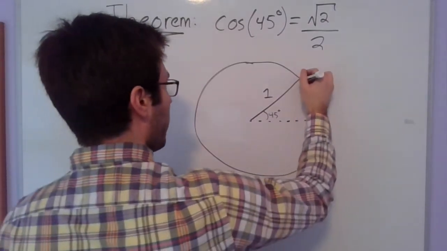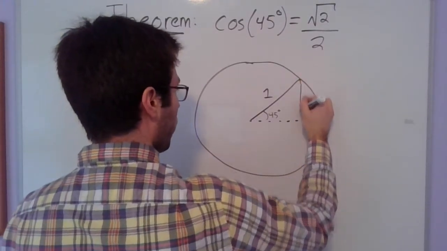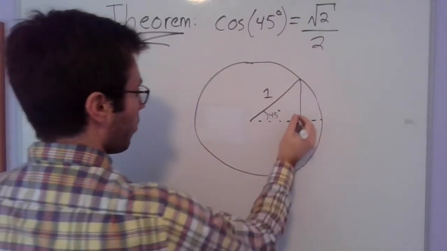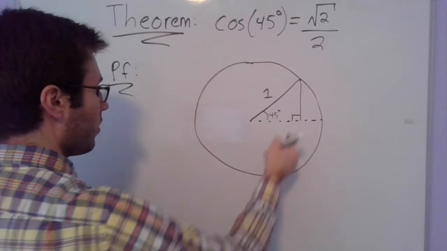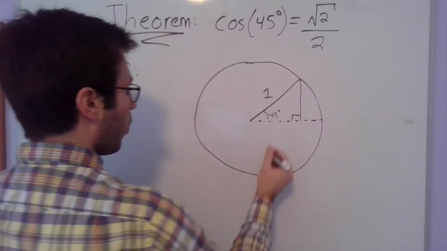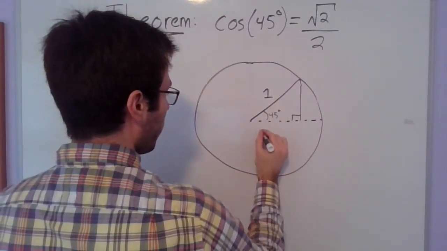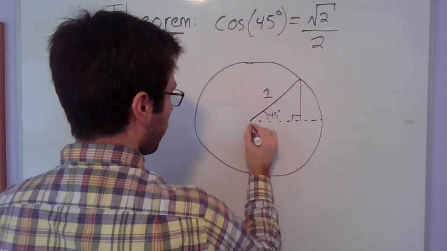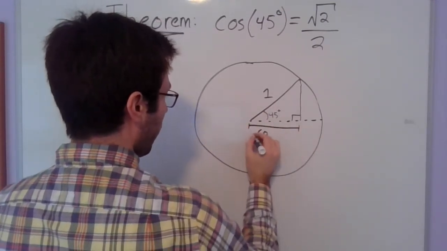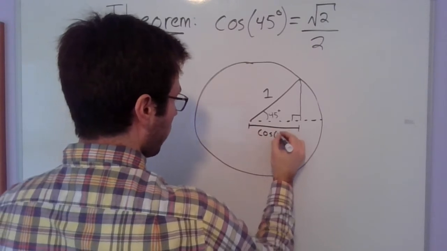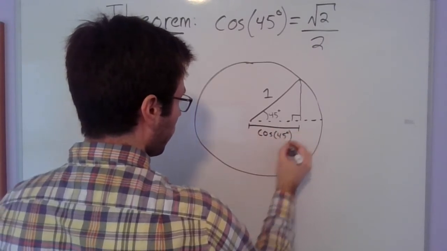Now, if I take this triangle and I drop a perpendicular down, so this is 90 degrees, what I'm trying to do is figure out this length from here to here, and I'm going to say that this length would be cosine of 45 degrees.